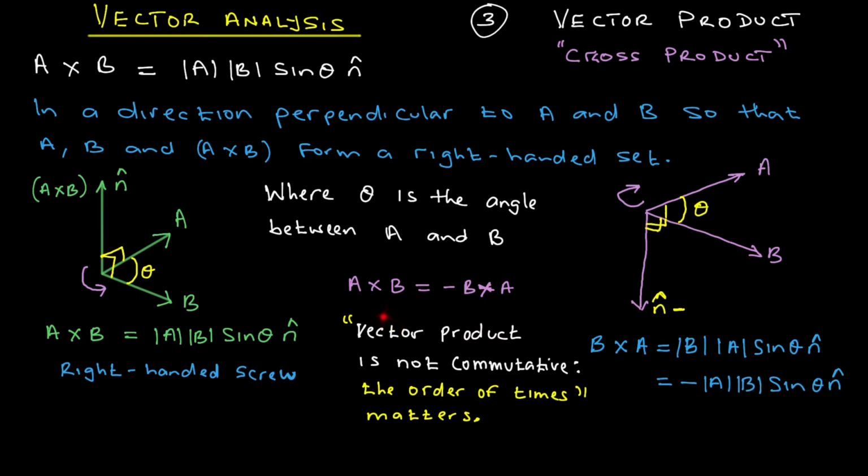When we did the dot product, A dot B is equal to B dot A. But in the case of the vector product, A cross B is not equal to B cross A, but it's equal to minus B cross A. Therefore, the scalar product is commutative, but the vector product is not commutative. The order of multiplication matters.